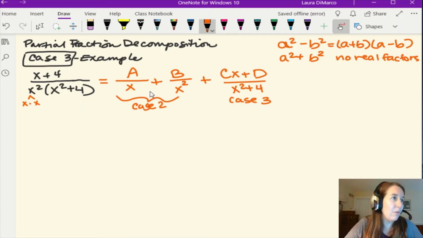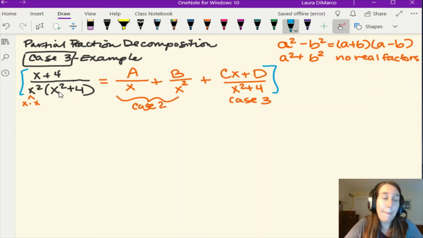Okay, so this is how the whole problem would be simplified out, and we just have to find the A, B, C, and D. Okay, so let's see if we can do that together. Let's multiply everything by the denominator, so x squared times x squared plus 4.